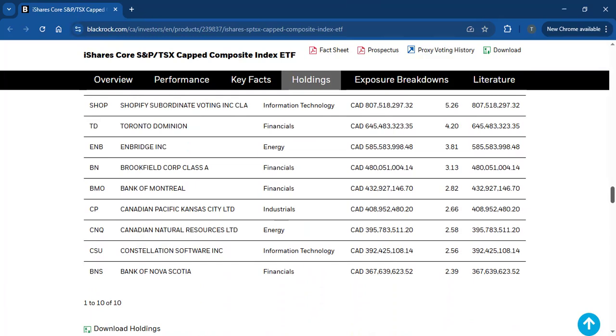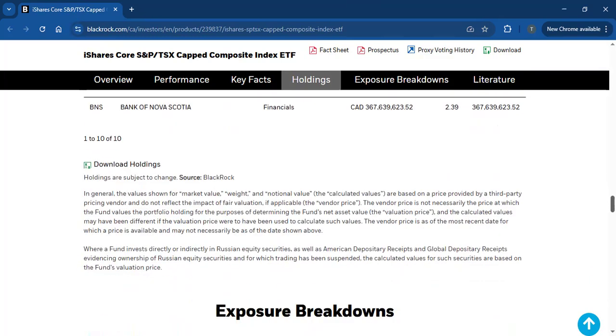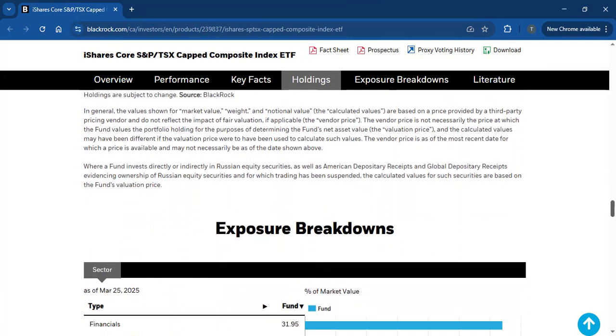Sometimes when you look at funds like ETFs from Canada, they have some similarities. Most of them are made up of financials and energy, and a smaller amount of technology and so on. So they are somehow similar in a way, but this one is more diversified because it has more companies involved in it.